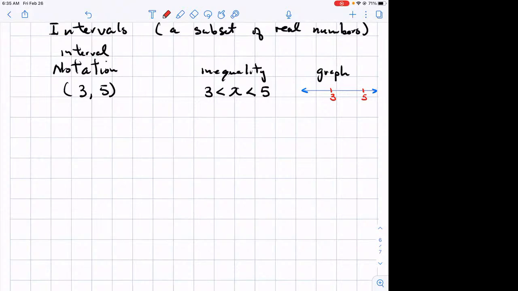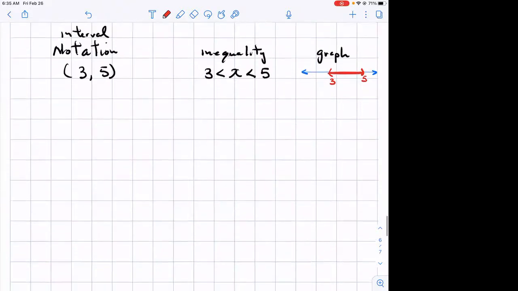And because we have parentheses, those parentheses, that's my graph of this. When you did inequalities, you talked about intervals, right? That's my interval. So there are different types of interval notation.